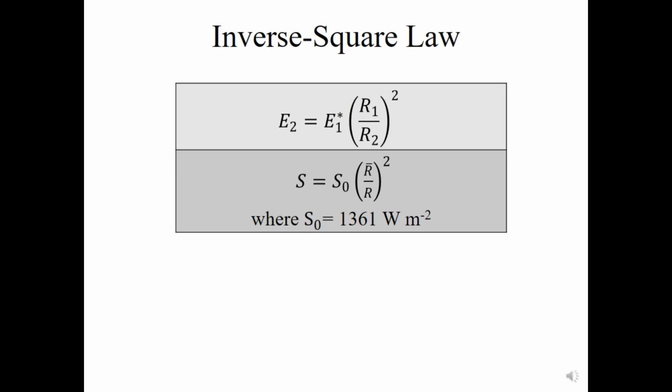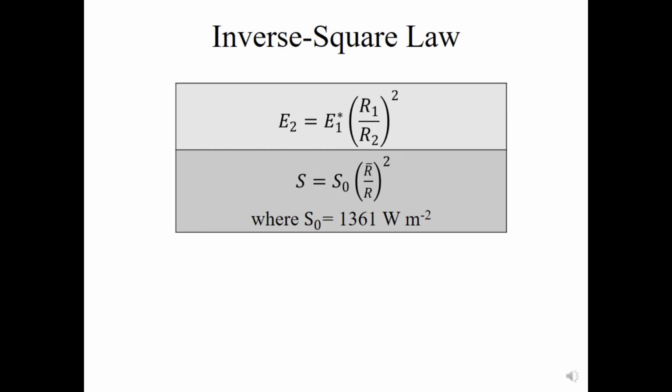And next we have the inverse square law. So recall that the radiation that is moving from the sun is spreading out in the shape of a sphere. The surface area of that sphere is equal to 4 pi r squared, where r is the radius. So as the radius gets bigger, the amount of radiation, the irradiance in watts per meter squared, is going to go down with the square of the radius.